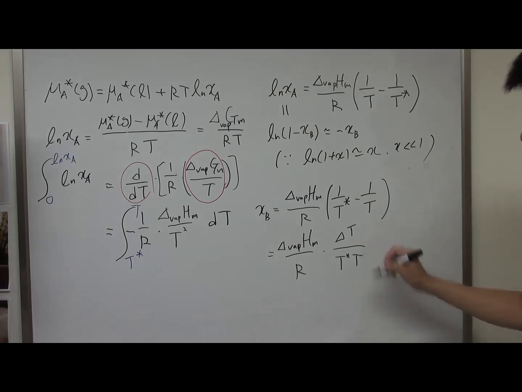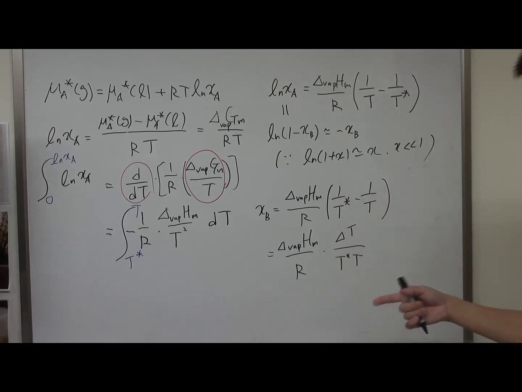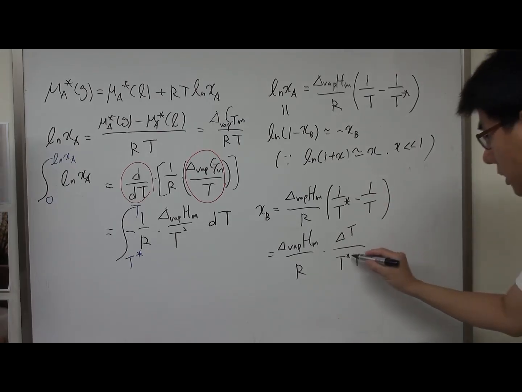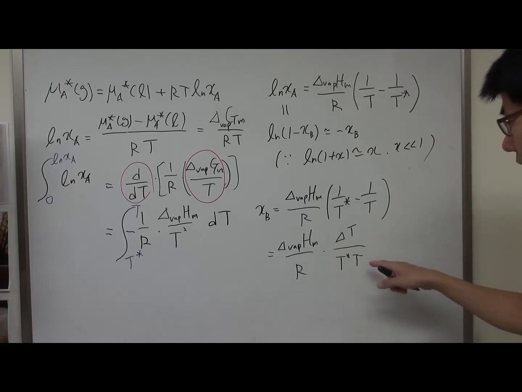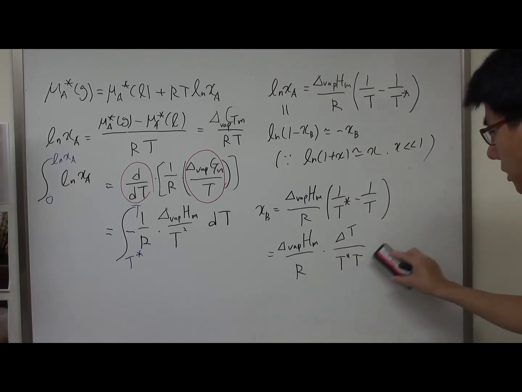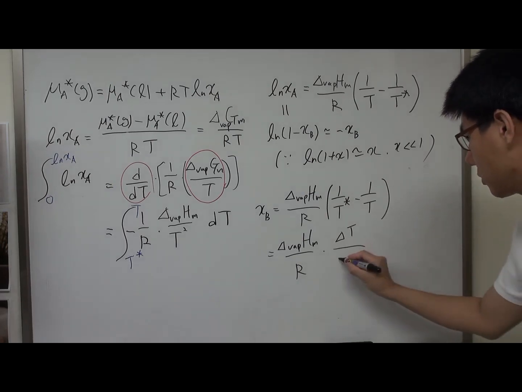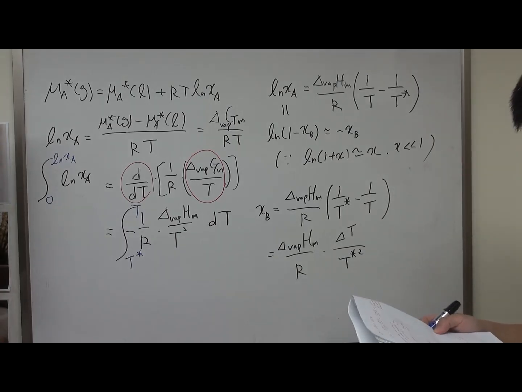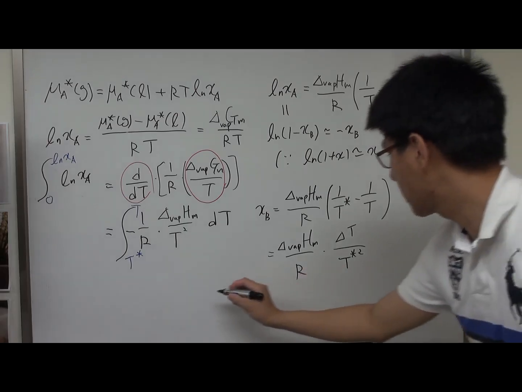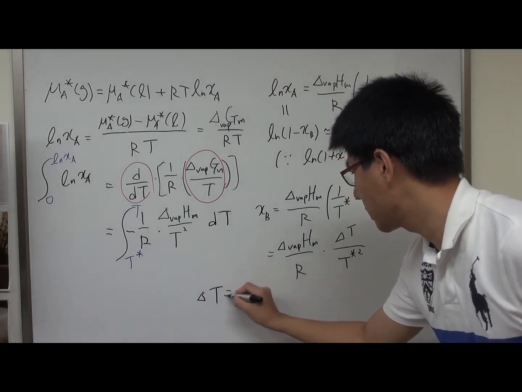You might remember that the temperature increase upon adding solute is relatively small. So T star and T are very close to each other. Approximately, T star times T is equal to T star squared.